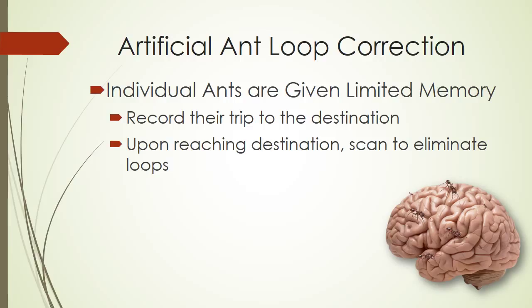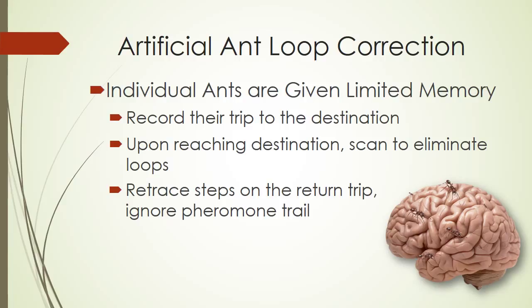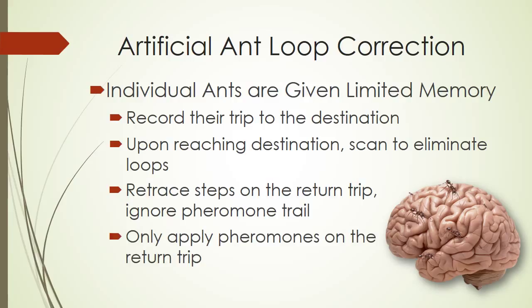If they passed over a node more than once, they can eliminate the block in between those repeat nodes. So they'll retrace their steps on the return trip, and they'll ignore the pheromone trail on the way back to the nest. And because they will be retracing their steps on the way back, that is the only time when they'll be applying pheromones to the ground. They will not apply pheromones on the forward trip because that can lead to that positive loop.